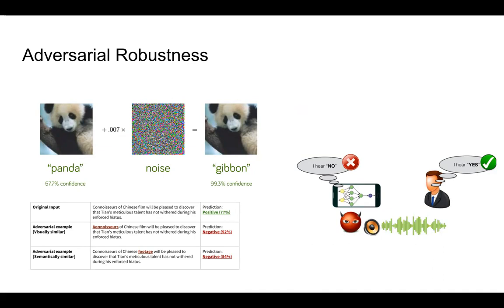And similarly, if you look at a semantically similar word, like connoisseurs of Chinese footage instead of film, if you replace the word film with footage, it is suddenly negative now. So the prediction given by the state-of-the-art neural network AI model is negative. Okay, so that's the adversarial attack on text.